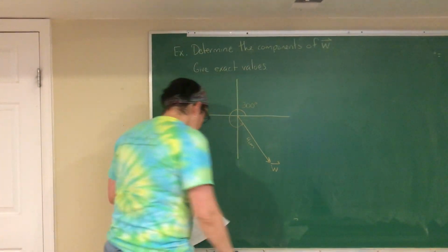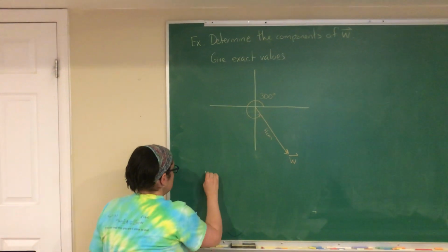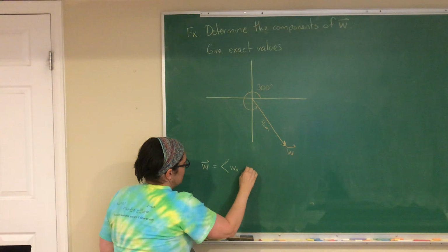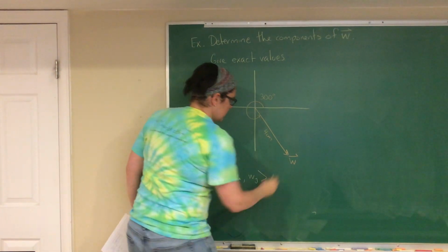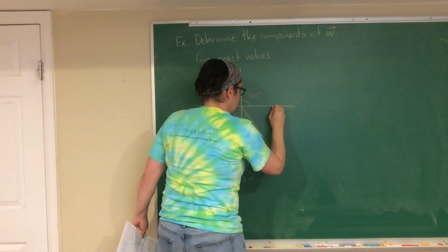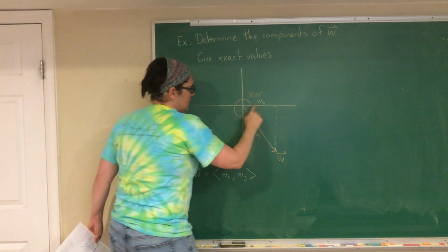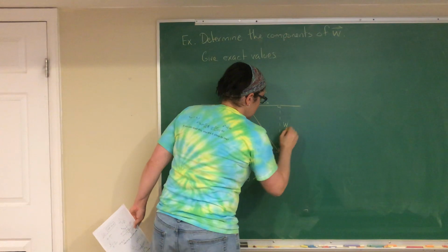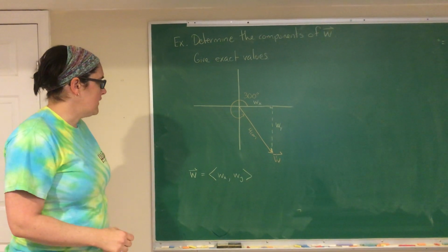Okay, so we want to find the components of our vector w, so we are looking for our x component and our y component, and I can draw them on this picture by creating a triangle just like we do a lot in trig. And so we have our x component is our horizontal portion of the triangle, and our y component of our vector is the vertical portion of our triangle.